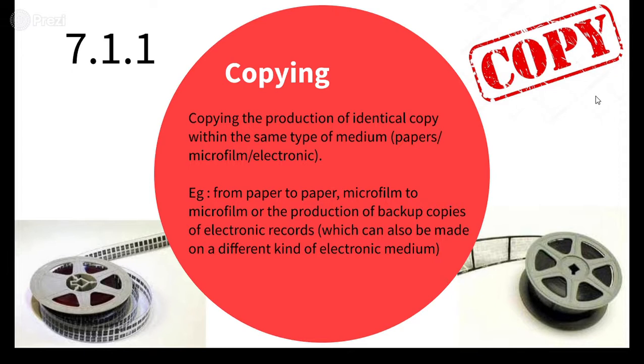Copying. Copying is the production of an identical copy within the same type of medium, such as paper, microfilm, and electronic. For example, from paper to paper, microfilm to microfilm, or the production of backup copies of electronic records, which can also be made on a different kind of electronic medium.